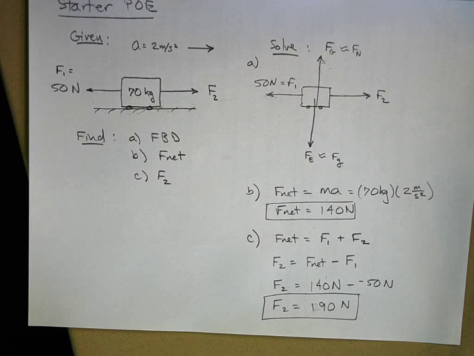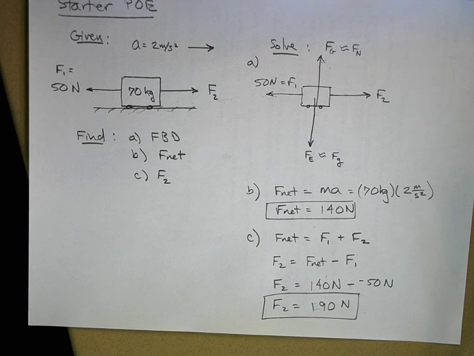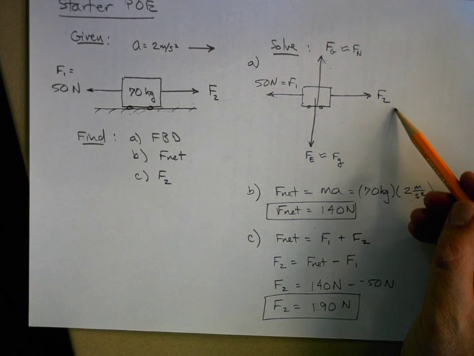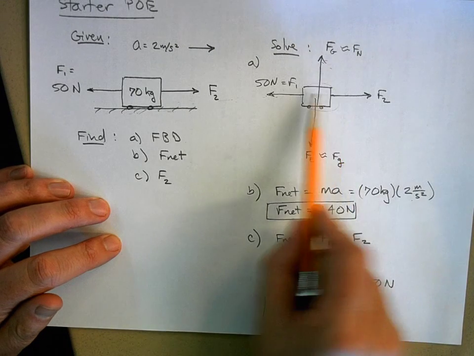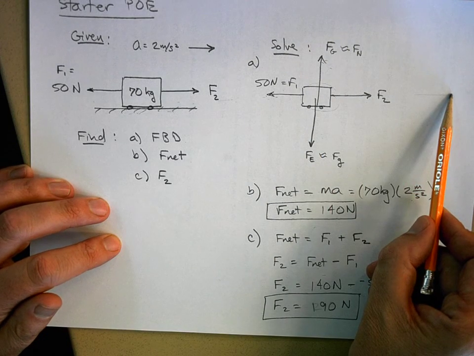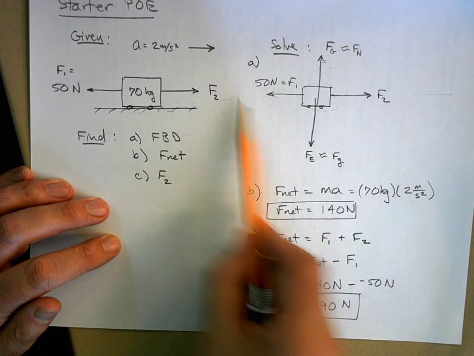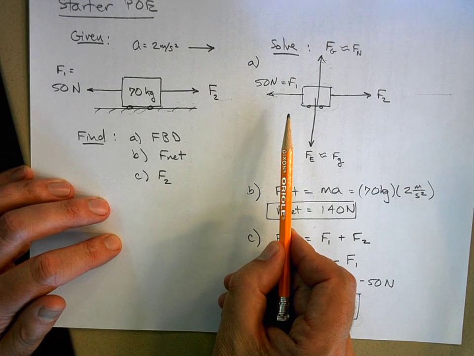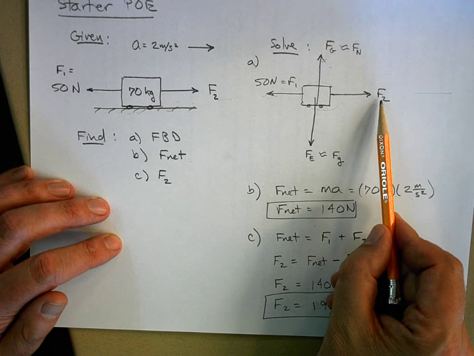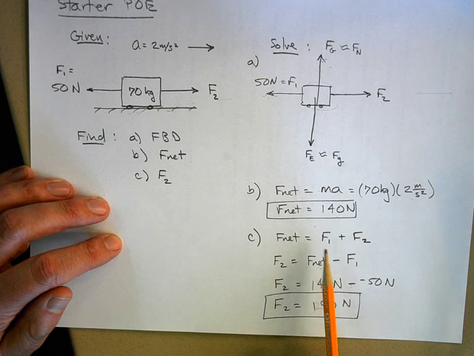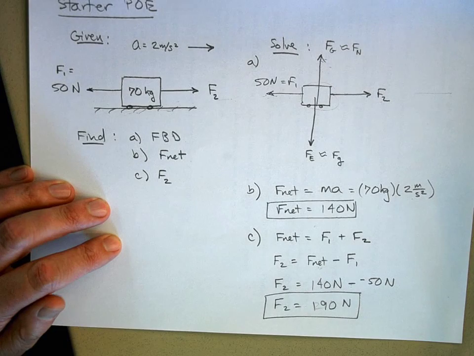Now, then you ask yourself, does this make sense? Look at what F2 has to do. F2 has to supply enough force to accelerate this thing to the right, plus enough force to cancel out the 50 newtons. So to cancel out the 50 newtons, I've got to pull 50 newtons to the right, and then to accelerate it, I've got to pull it with 140 newtons to the right.